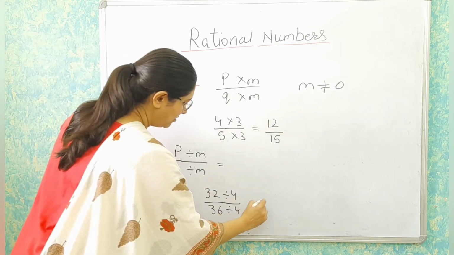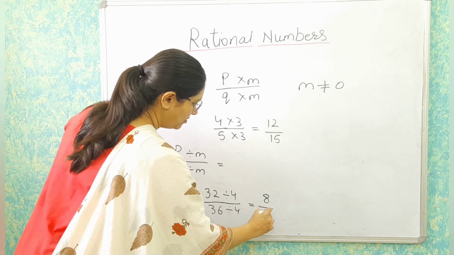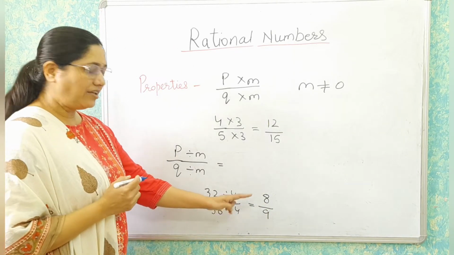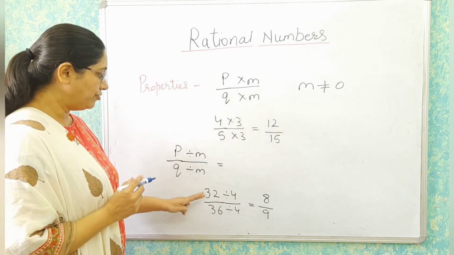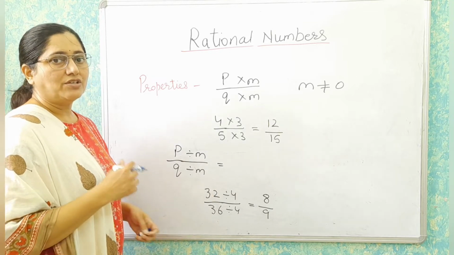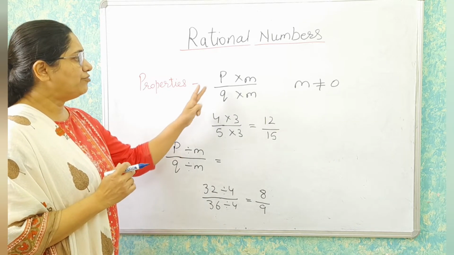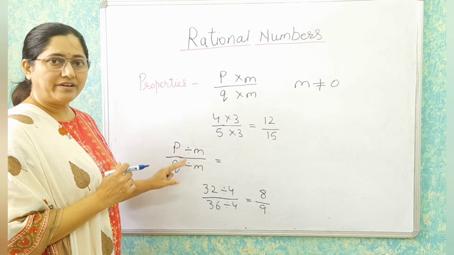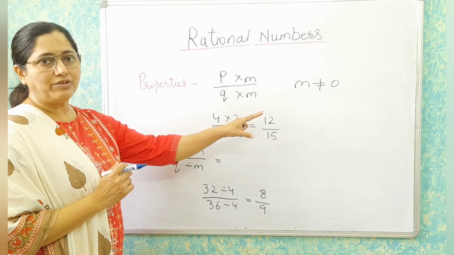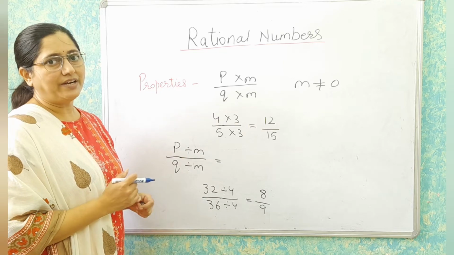So I will get 8 upon 9. 8 upon 9 is an equivalent rational number of 32 upon 36. So we can say that if we multiply or divide a rational number with a non-zero integer, we will get equivalent rational numbers.